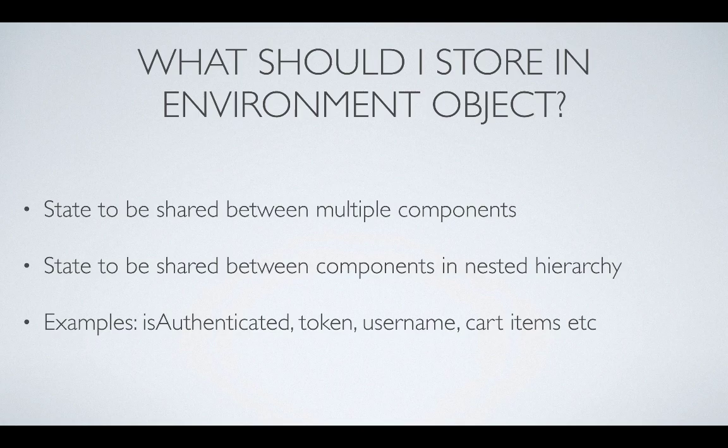But if you're sharing only in a master detail kind of scenario, maybe you shouldn't put it into environment object. You can simply get away with passing the data when you're creating the destination view. All right, so that's it. This is the environment object in SwiftUI.